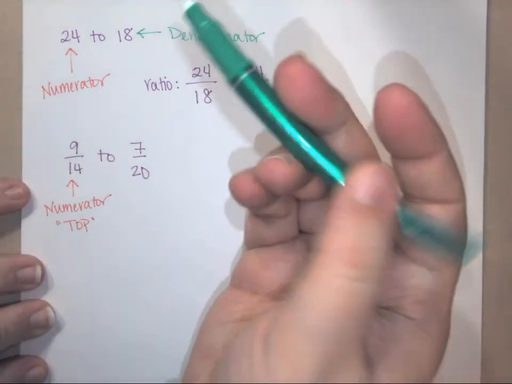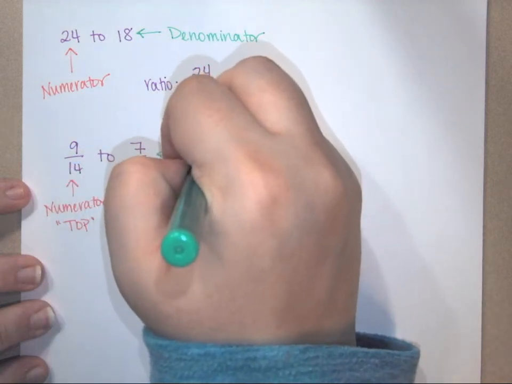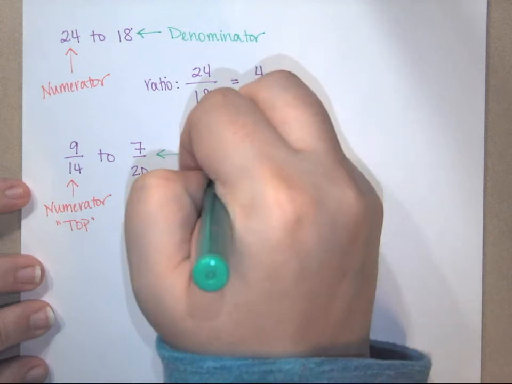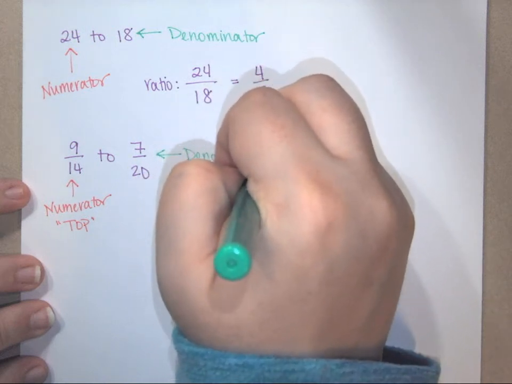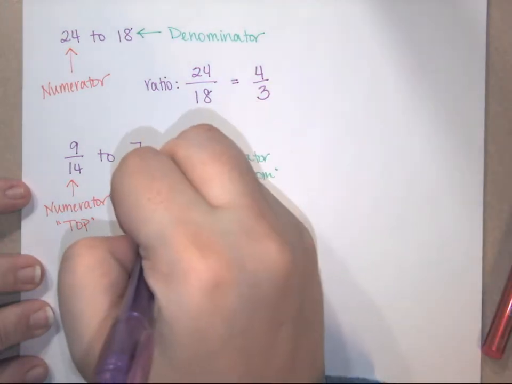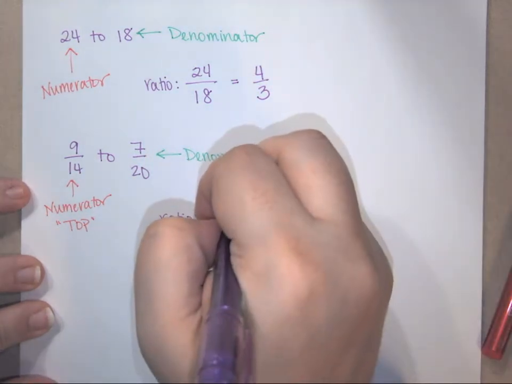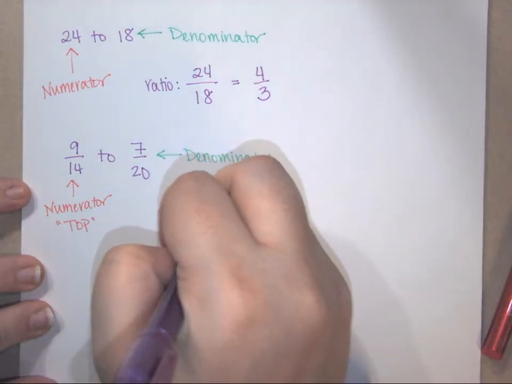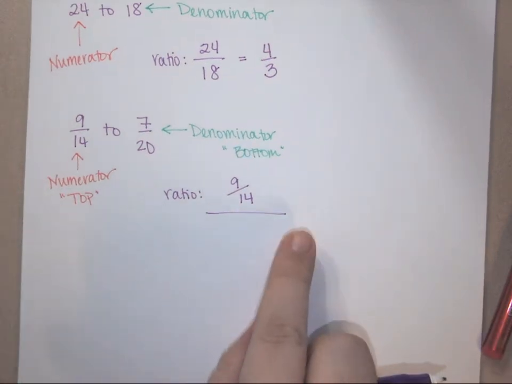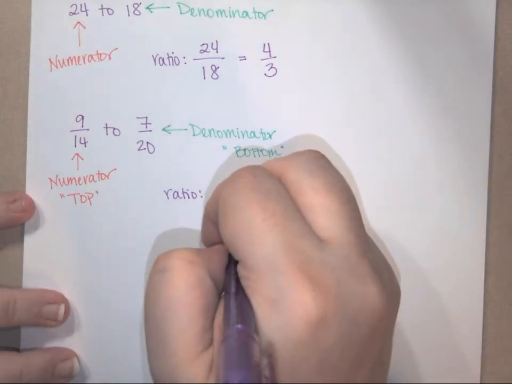And the second fraction here would be your denominator, in other words, the bottom. So we would set up our ratio using the first fraction, 9/14. I like to put a big ratio bar just so that I keep straight that I'm dealing with fractions, and then put the denominator in, 7/20.